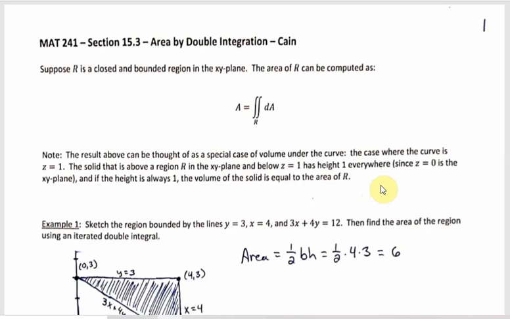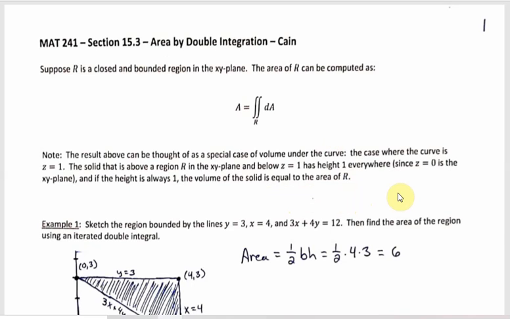Then that solid is always going to have height 1, so its volume would have to be equal to the area of the region in the xy plane that you're integrating over. So that's how I always thought of where this area formula comes from, that it's a special case of the general way of getting volume under a curve that you see earlier in this chapter.